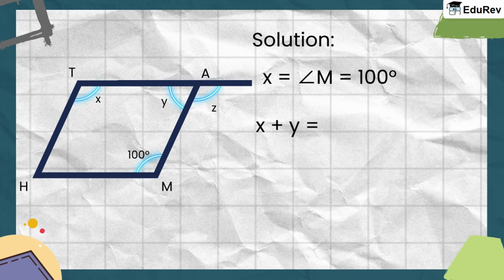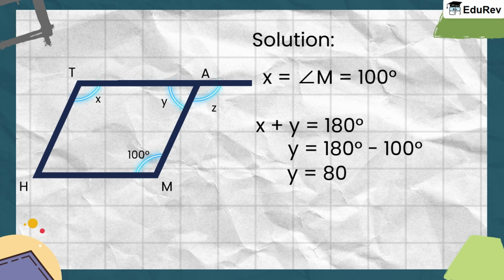Hence, x plus y is equal to 180 degrees. x is equal to 100 degrees, so, taking x on the other side, we get 180 minus 100 equal to 80 degrees. Lastly, to find z, we see that y and z are angles on a straight line, so, y plus z is also equal to 180 degrees. Hence, we get z equal to 100 degrees.